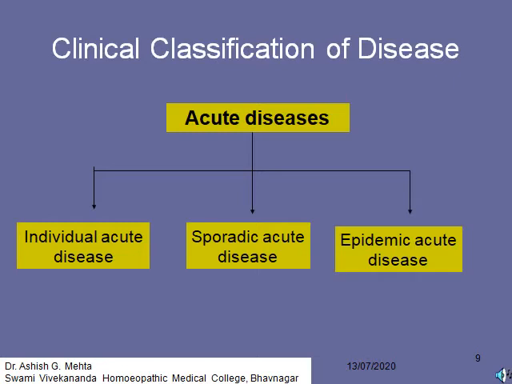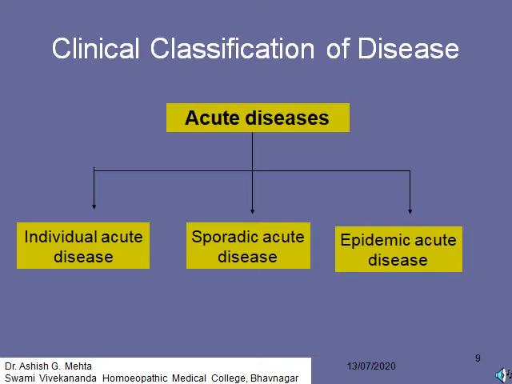Then come the sporadic acute diseases, the diseases attacking sporadically. For example, the diseases that attack several persons at the same time here and there. They are scattered. The individuals or the localities where they exist are scattered localities.